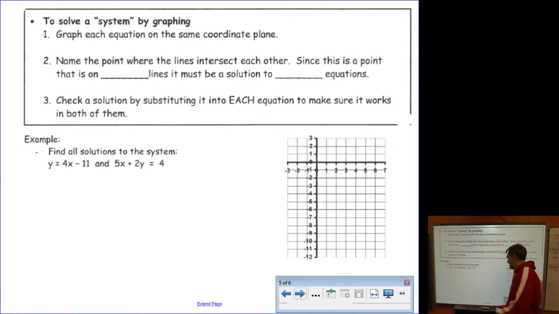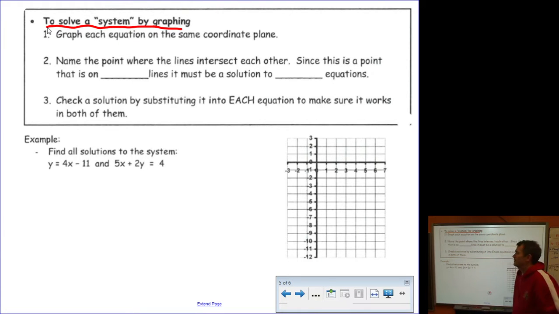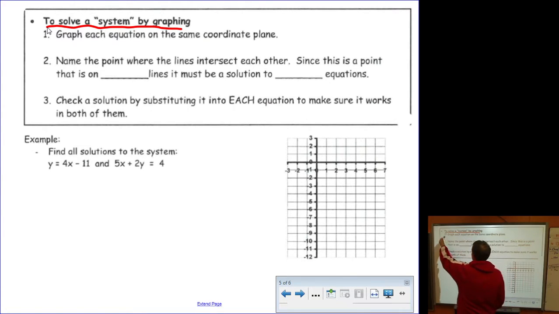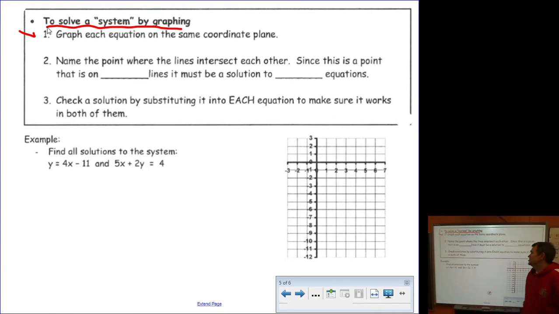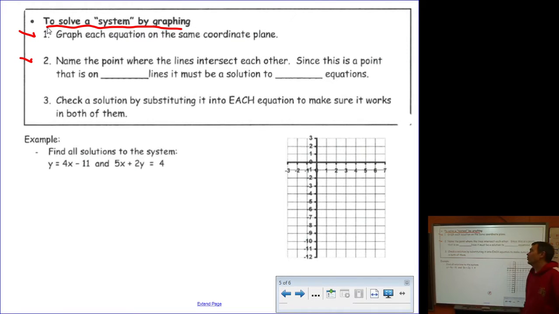So up here, I have the directions of how to solve a system by graphing. The first step is to graph each equation on the same coordinate plane, something we practiced quite a bit last chapter. The second step would be to name the point where the lines intersect each other.